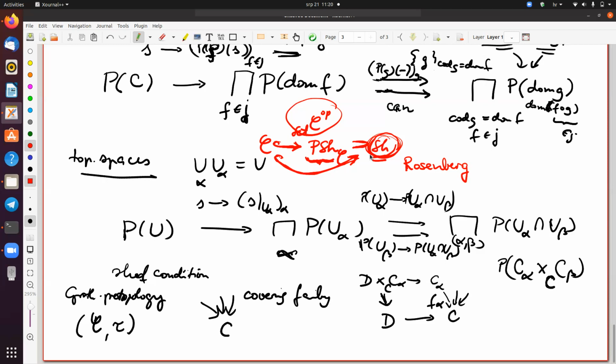Another reason is that with sheaves with values in abelian groups or something like that, you can make cohomology theories. So that's a geometric thing. And also sometimes you want to glue objects in C itself.